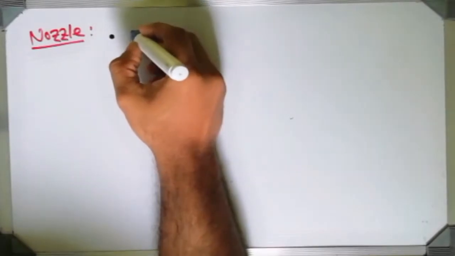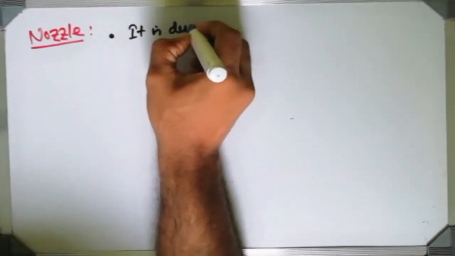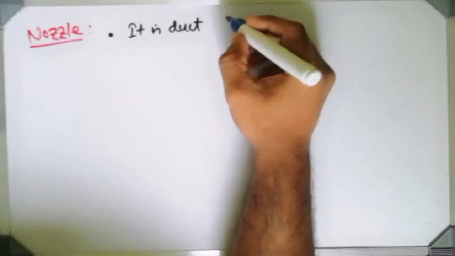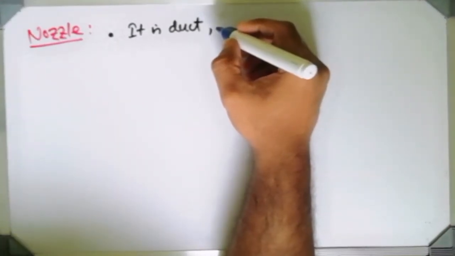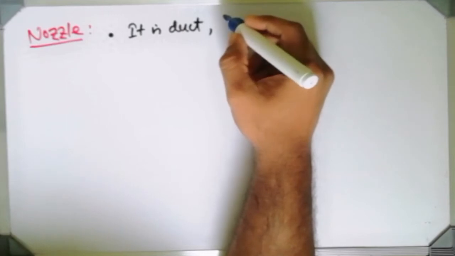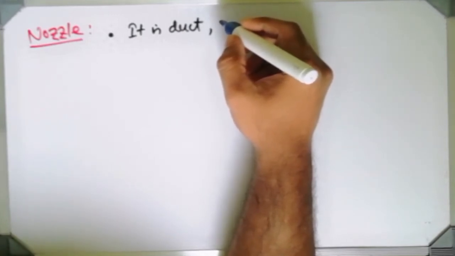So we should have some basic information regarding the nozzle. A nozzle is basically a duct. What is it doing? It increases the velocity of the flowing fluid. But we all know that if any energy is increased, then some other energy should be dropped. If you want to increase the velocity, velocity is basically energy in the form of kinetic energy. So if you increase the kinetic energy, then obviously some energy should be dropped, otherwise you cannot increase kinetic energy.